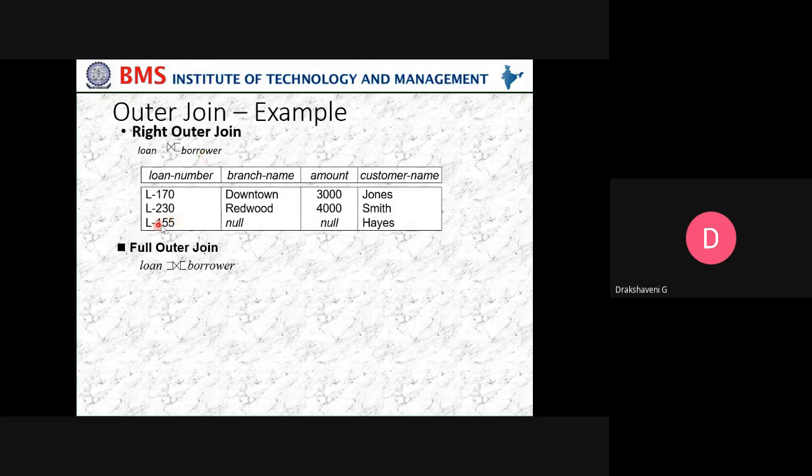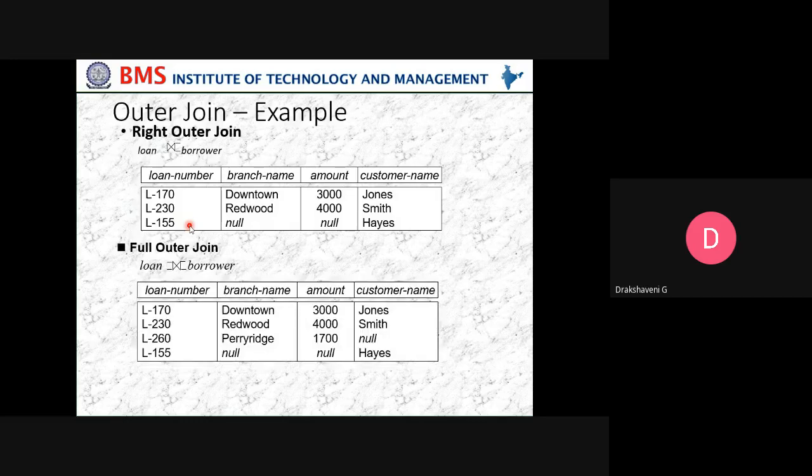So one more we have added, that is L155. In the same way, for a full outer join, we combine both: L170, L230, L155 and L260. All the loan numbers will be joined. That is called a full outer join. That covers the right outer join and full outer join.